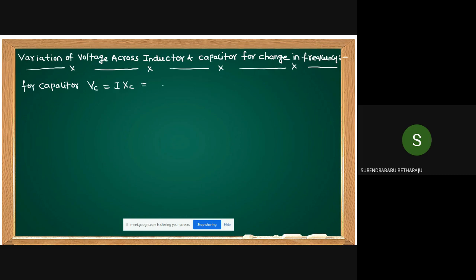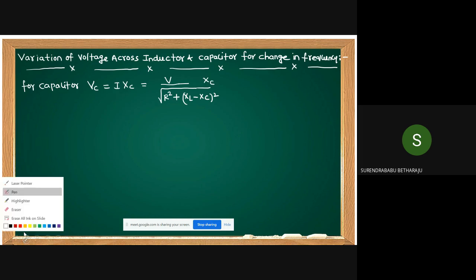But what is I, students? At resonance condition, you know that I equals V by R. But generally in a series circuit, I equals V by square root of R square plus (XL minus XC) whole square.